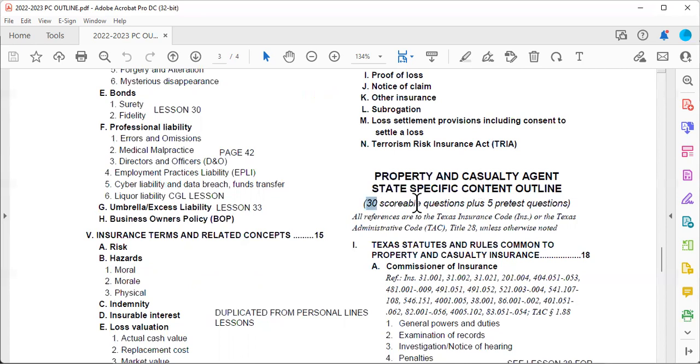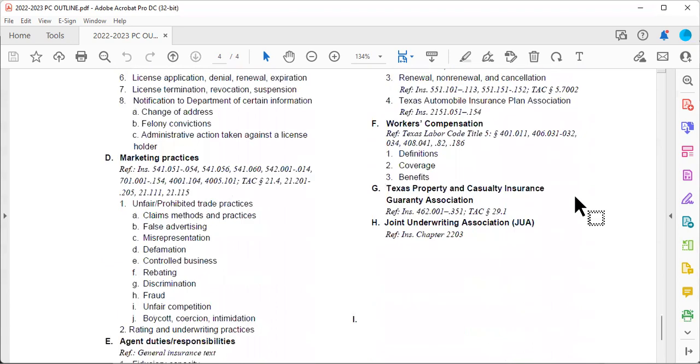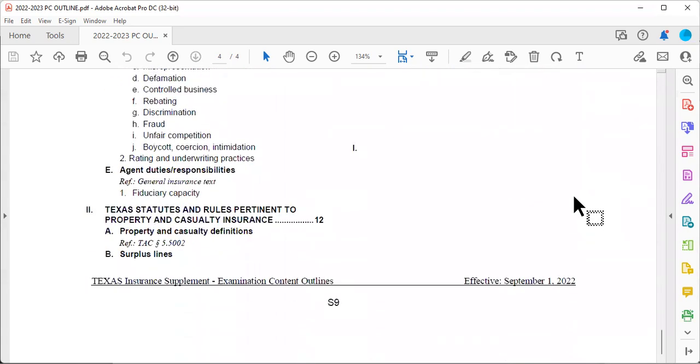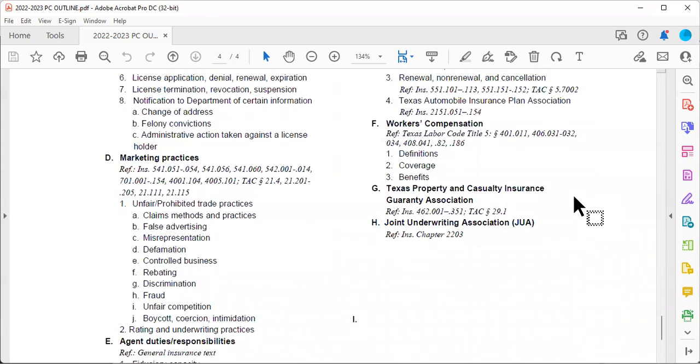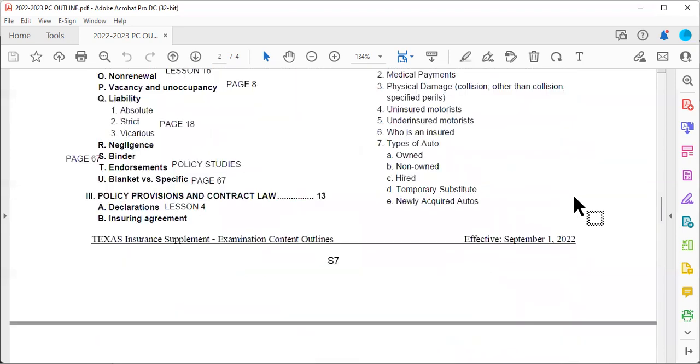So that's another 30 questions that count, plus 5 questions that don't count. And then that's it. You have one clock that runs the whole time: 150 minutes, 2.5 hours, more than enough time to get through all of that material.